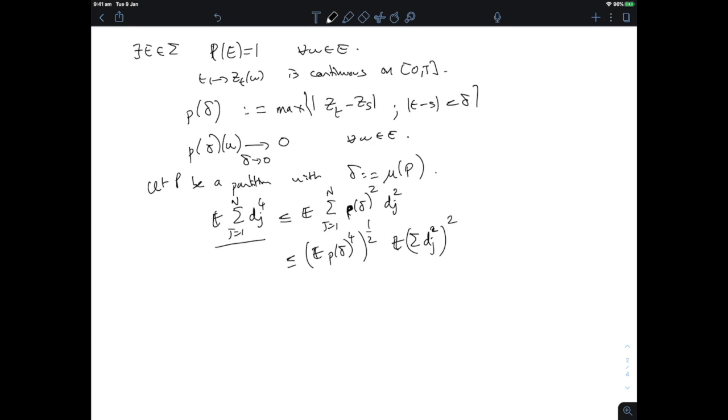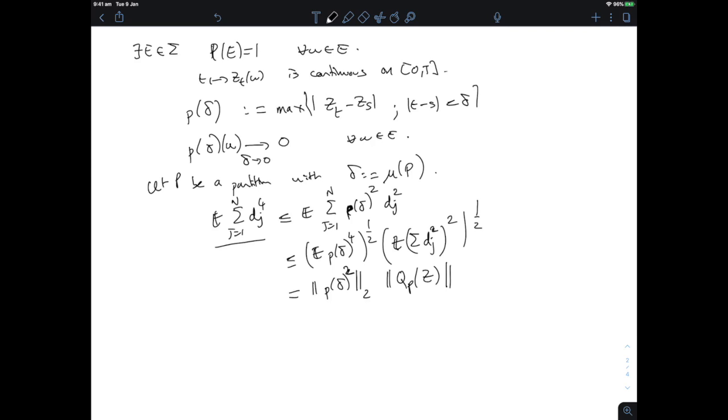And this thing here is exactly the L2 norm squared of QPZ. So what I get here is the L2 norm of P delta squared, to the 1/2, times the L2 norm of QPZ.